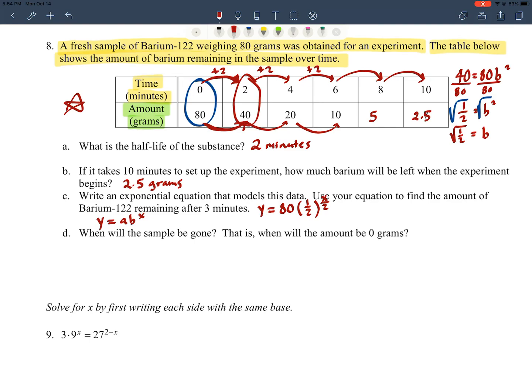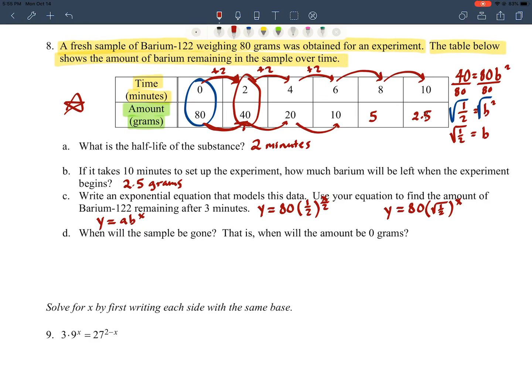So another way you could have written this equation would be y is equal to 80 times the square root of 1/2 raised to the power of x. These are equivalent. So either one of those could work. Just depends on which way you're most comfortable.